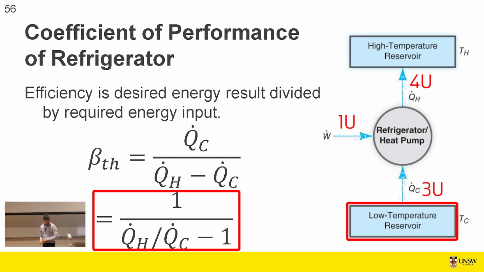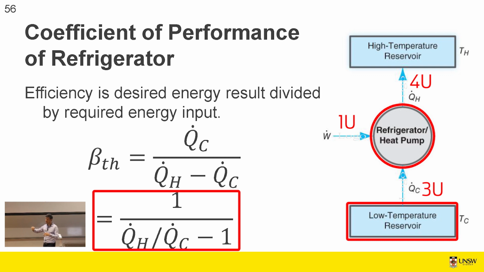Because if this is to be a steady state system, so it's not getting hotter or colder over time, then for energy not to be created or destroyed, what comes out must be the sum of those two values. And so in this case, the coefficient of performance of the refrigerator would be 3 divided by 1. So you get a COP of 3 in this case.